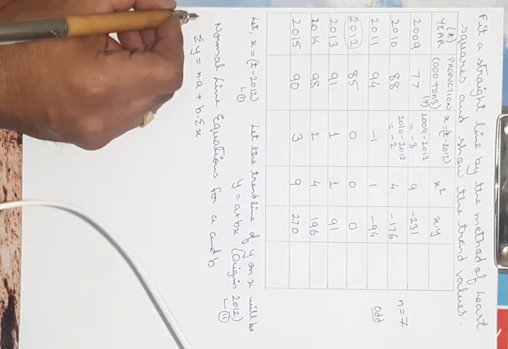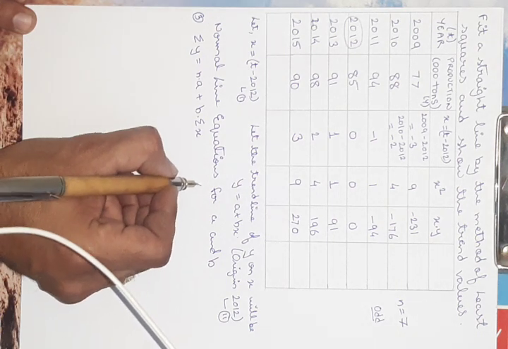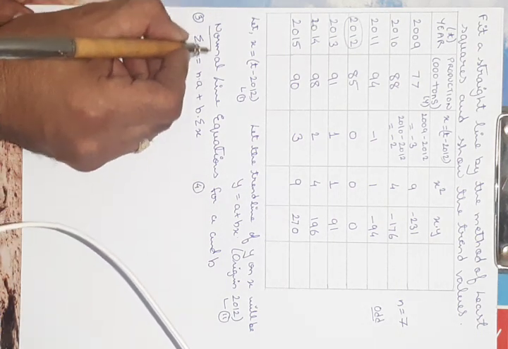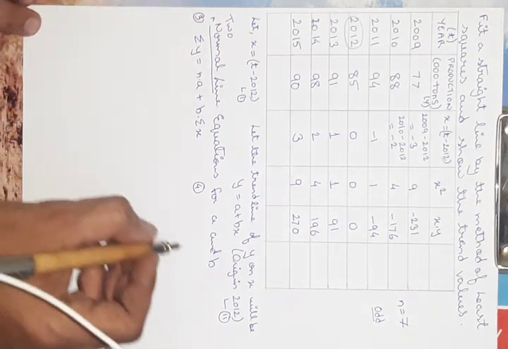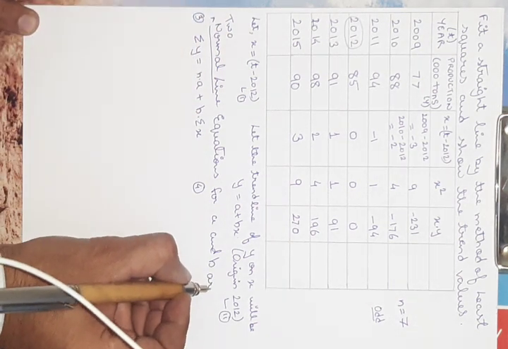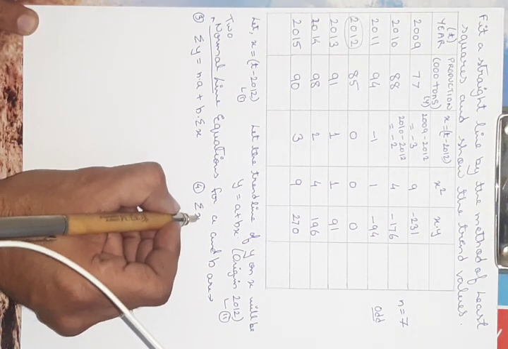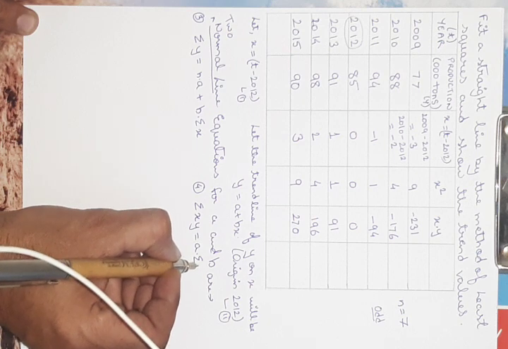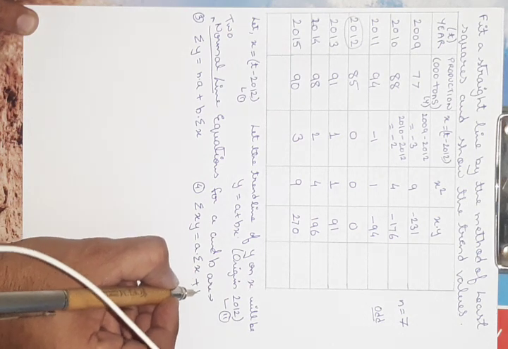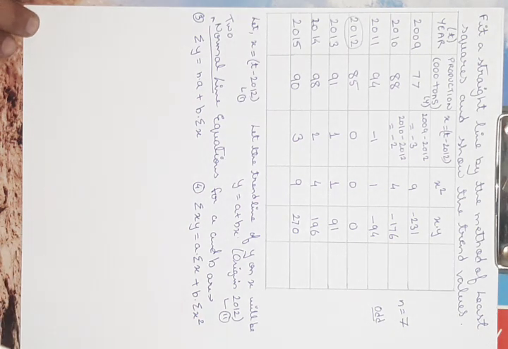Let us say this is our equation number 3. And the fourth equation will be summation of x into y is equal to a into summation of x plus b into summation of x square. This is your equation number 4. These are the two normal equations for a and b.